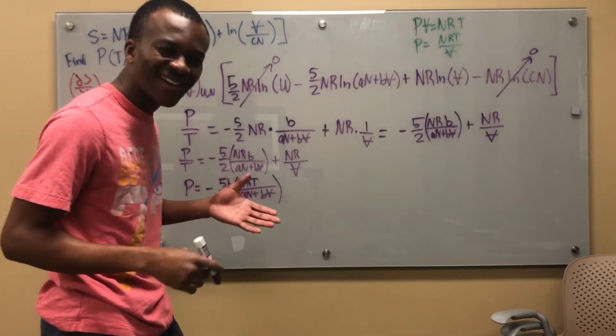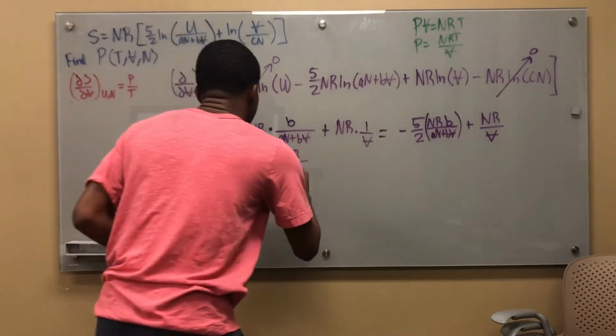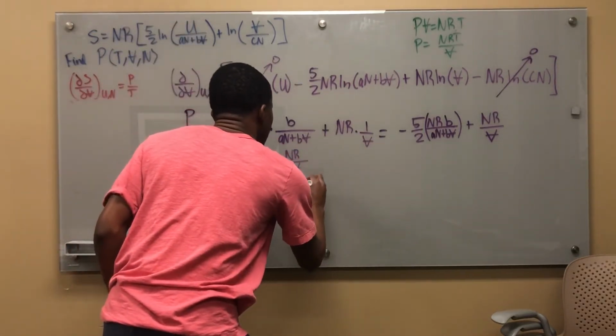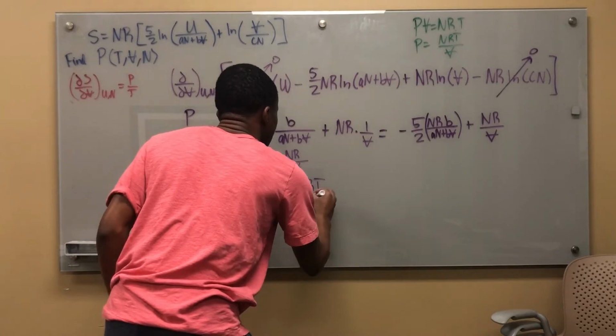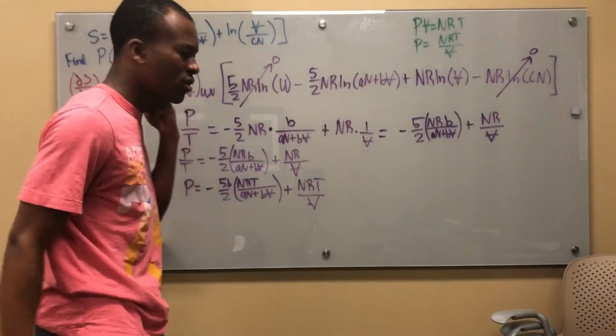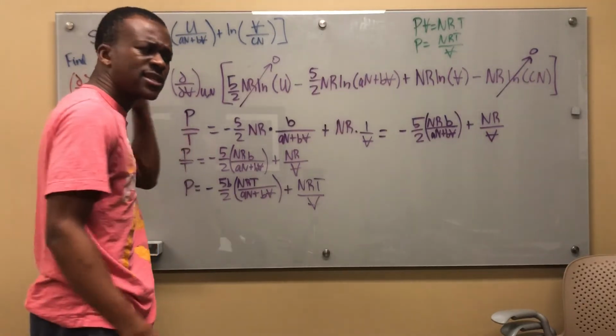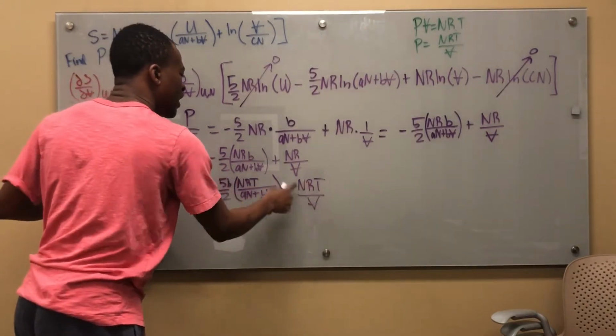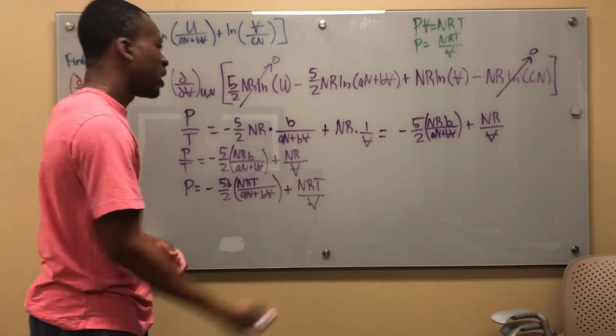This would give me plus nRT over V, and that's literally what I just solved for, right? Cool. So we sort of know we're on the right track. We can sort of say that, oh, we've solved for this in terms of T, V, and N, right? Everything else is a constant in here anyway.